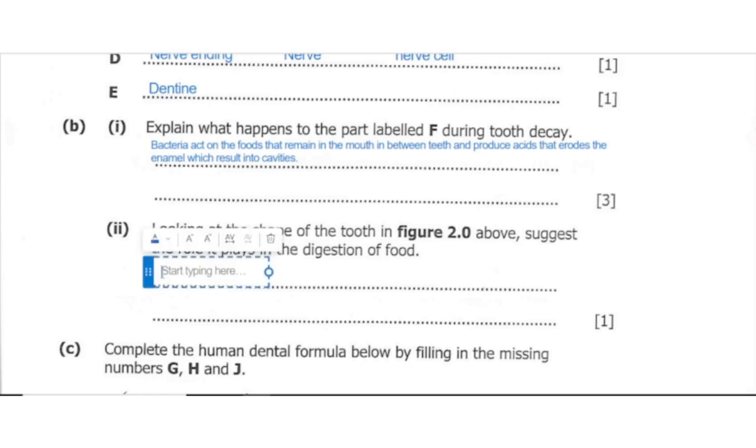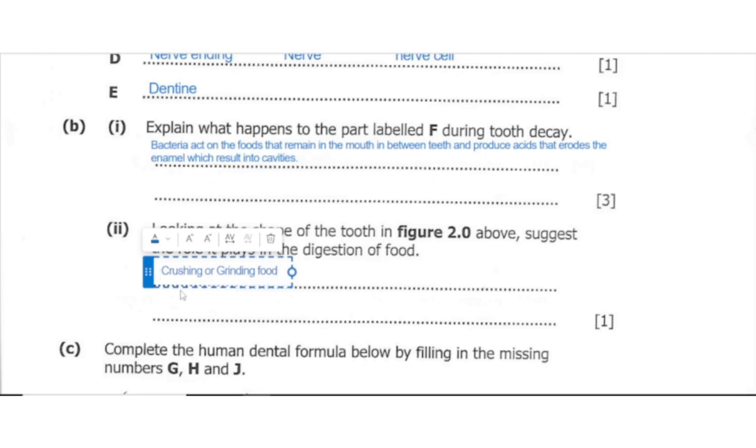So the role or the function of this tooth is crushing or we can also say grinding, crushing or grinding food.